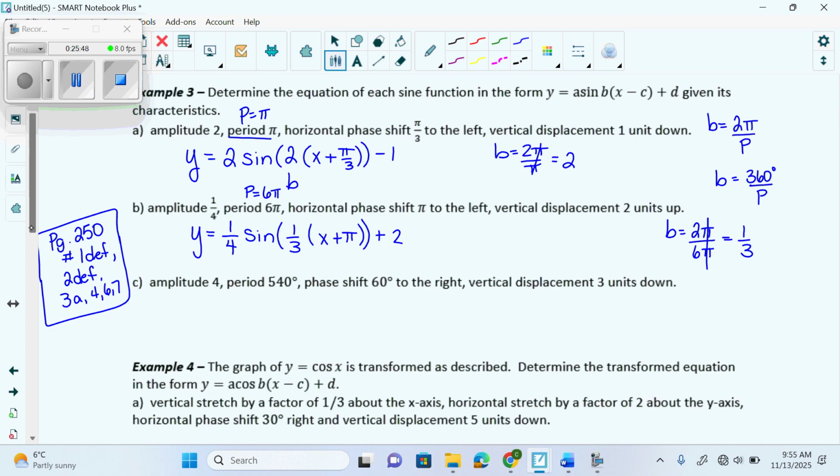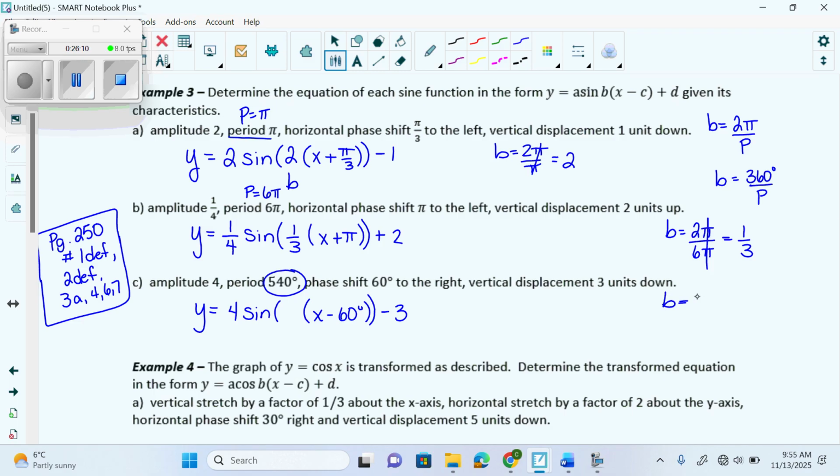This one, we have y equals 4 sine something, x minus 60 degrees, minus 3. I need this something. This is 540, so I'm not going to go 2 pi divided by P. I'm going to go 360 degrees divided by 540, because you get the degrees cancel.